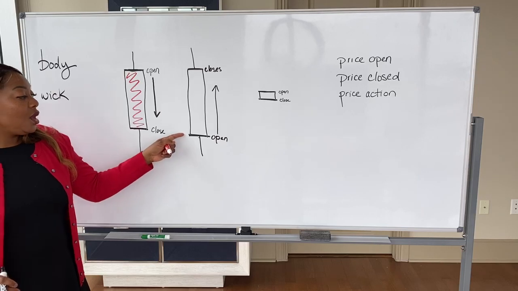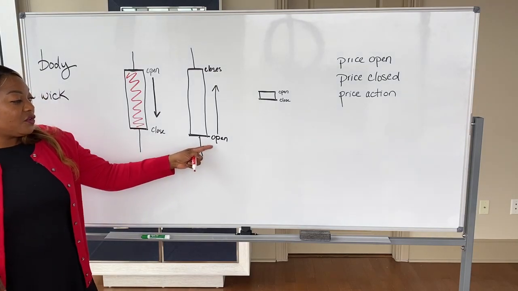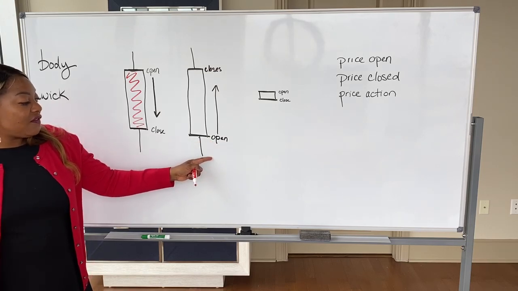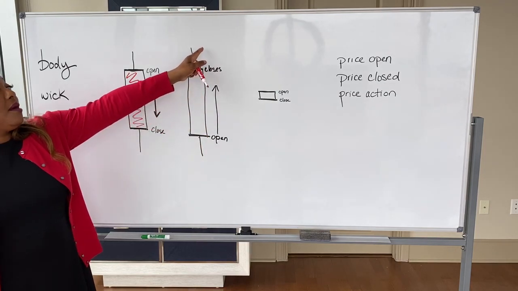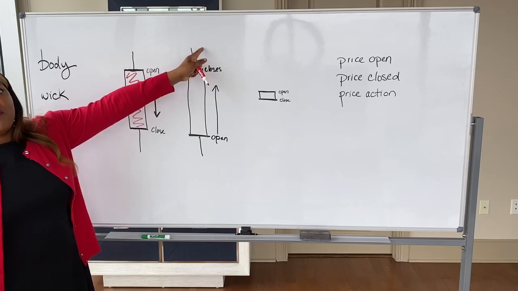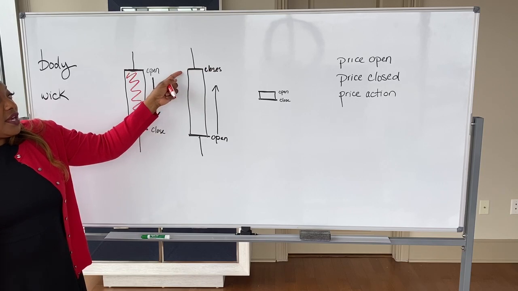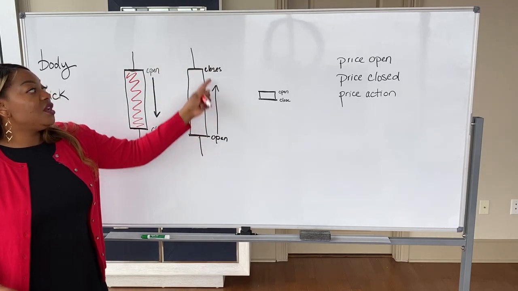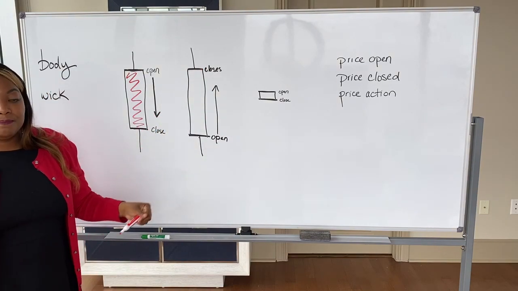So if we had said this was 100, maybe at some point during the day it came down to $95, but then it kept going up, went past this up to here, maybe at 105, and then came back down and ended at 103. This is what that candle would look like. But eventually, price went up throughout that day, so this is the candle. And this would be green.